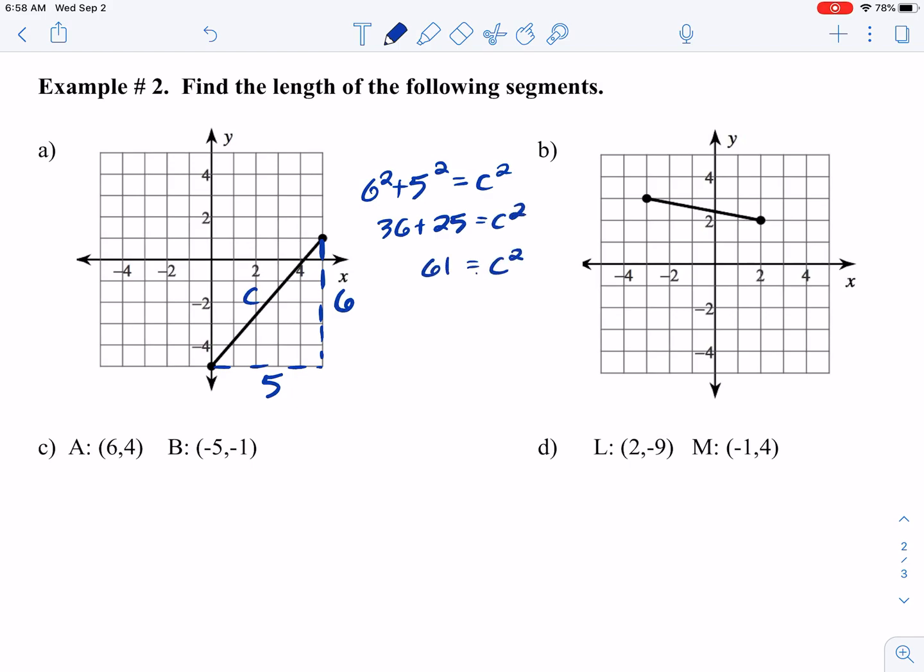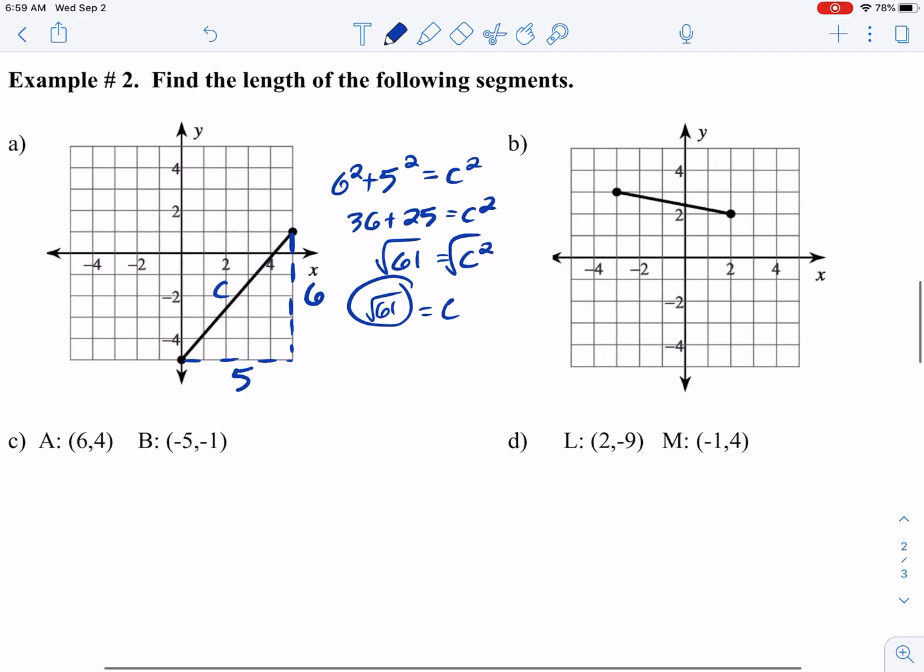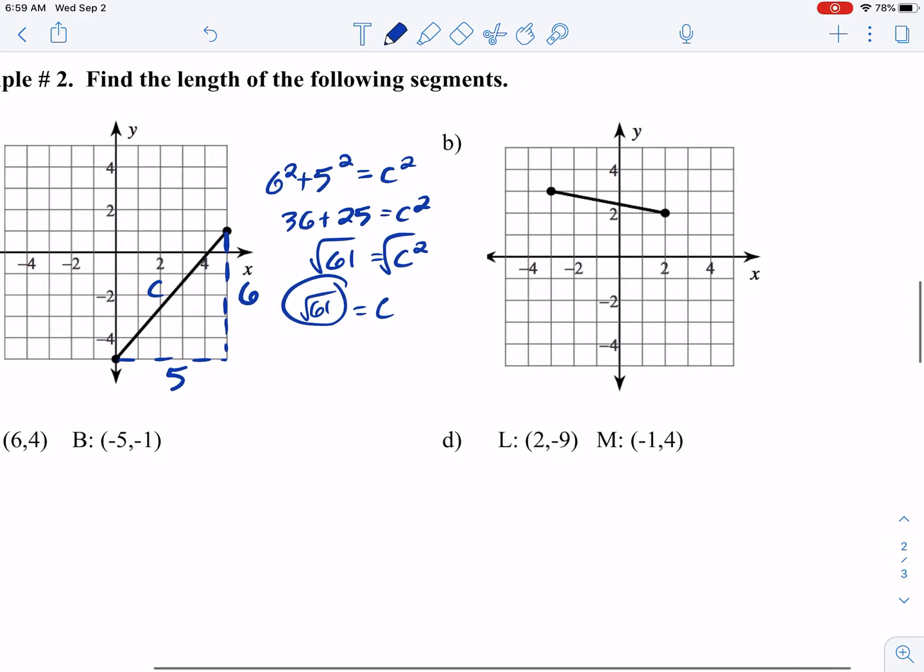The opposite of squaring is taking the square root. And let's see if there's any factors. I don't think there's any factors of 61, so we can't simplify it at all, so we're just going to leave it as root 61. Okay, why don't you guys try B on your own? Find the length of this segment by constructing a right triangle using the Pythagorean theorem.